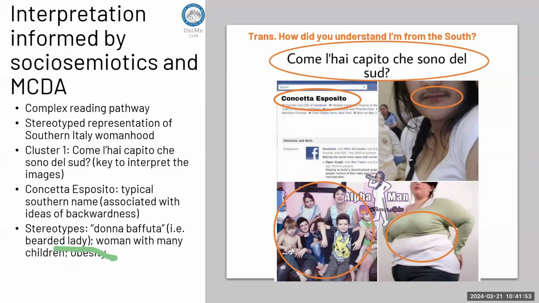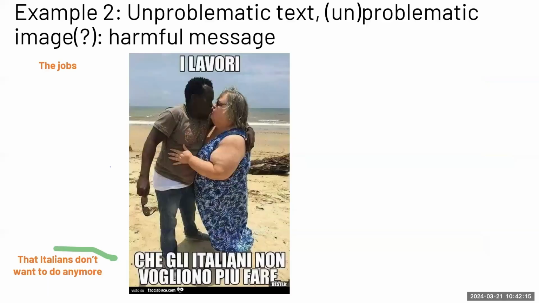And women with many children in the left bottom image, which is of course not negative per se, but here it contributes to feed the rhetoric of backwardness again. Then an overweight woman.